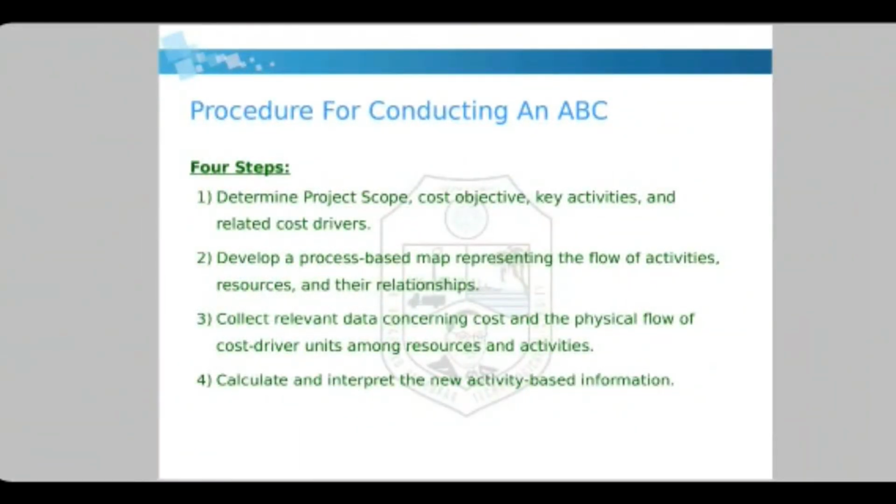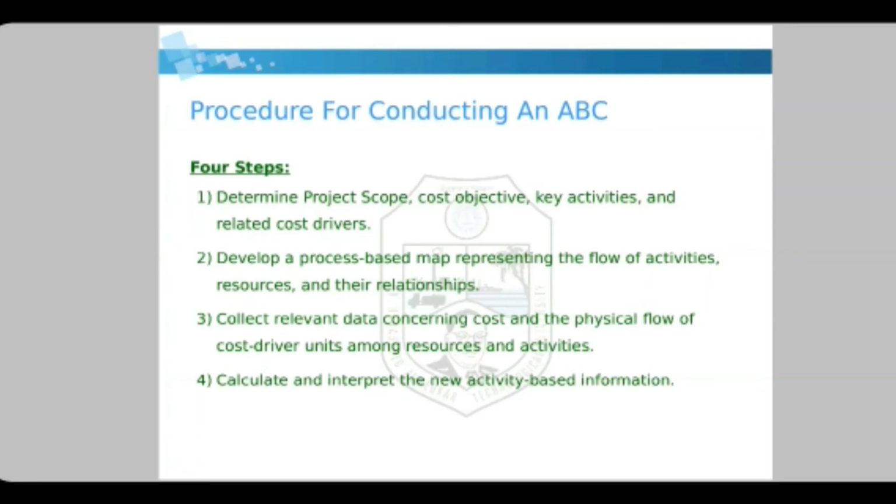So there are four steps for conducting an activity based costing system. First is we have to determine the project scope, what is the cost objective, related cost drivers, and the most important thing is key activities, that is the number of activities or what activities we are going to perform. Second, develop a process based map representing the flow of activities. We have to find out the flow of activities, after which activity next, what will be the next activity, after that what will be the next activity.